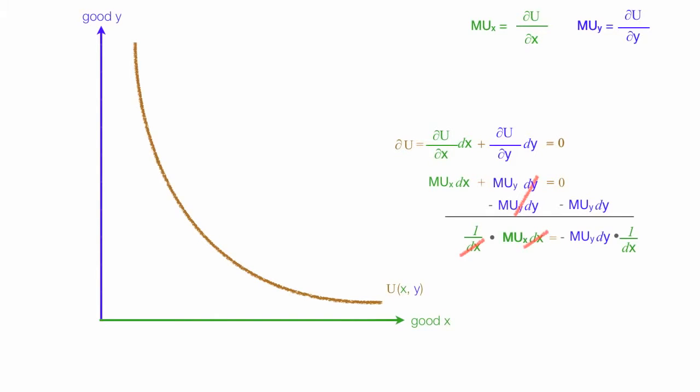I'm left with MUx, or marginal utility of x, is equal to the negative of the marginal utility of y, good y, times dy divided by dx. Almost done, just a few more steps. Now I multiply both sides of the equation by 1 over the marginal utility of y. Now I'm left with the following.